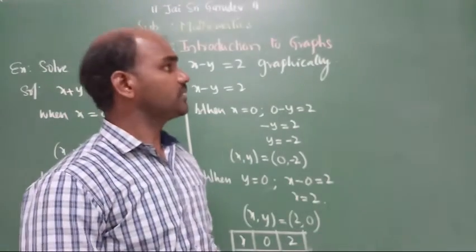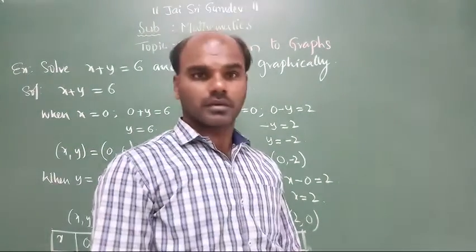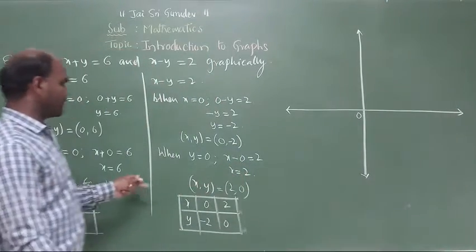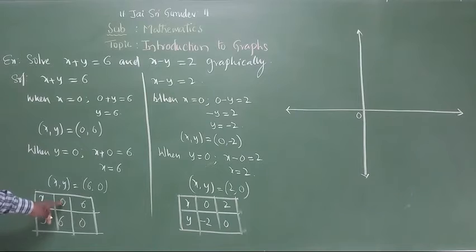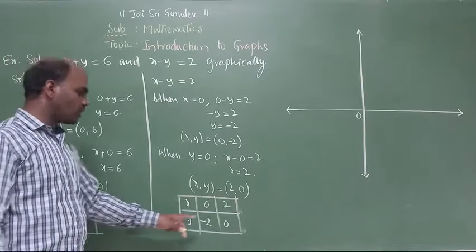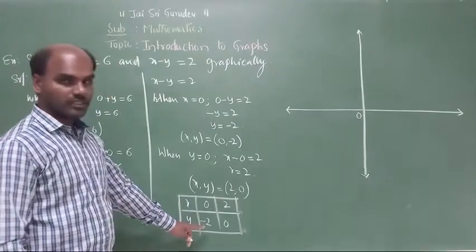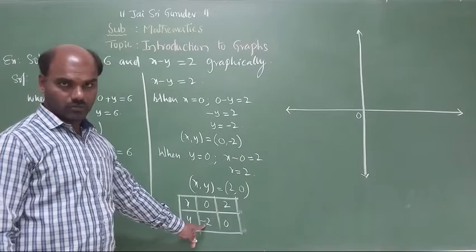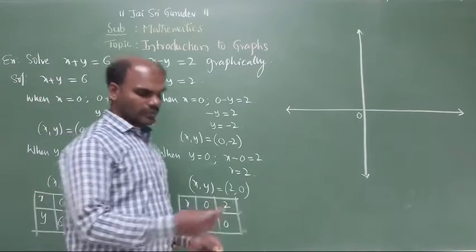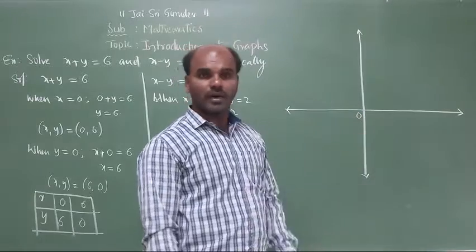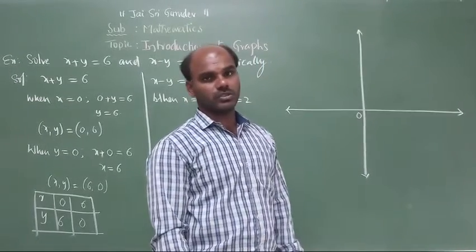Okay, so for that now we want to draw the graph. Now we are going to set up a graph. By observing here, the points are 0, 6 and 6, 0, so the maximum value of the line is 6 and the minimum, lowest value is minus 2. So for that, the scale on the x axis will be 1 centimeter equals 1 unit.